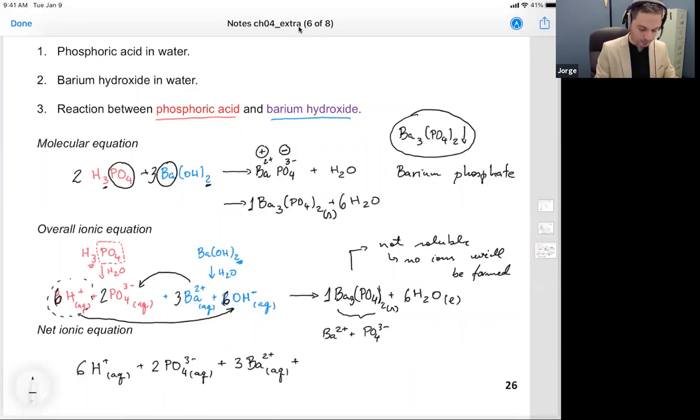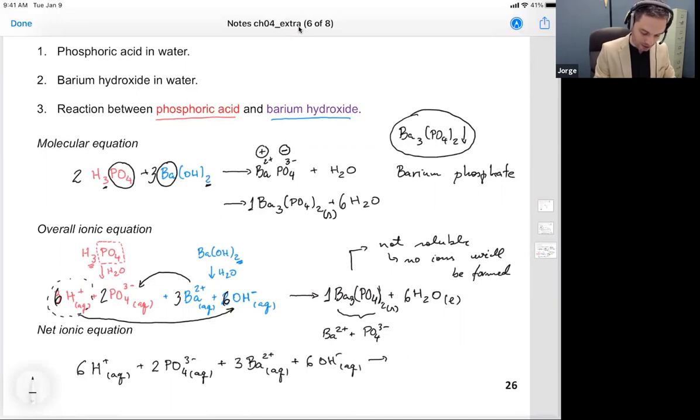And finally, hydroxyl shows up in the reagent side, but does not show up in the product side. Okay, what I'm looking for is the same thing, exactly the same thing. And we don't see that.